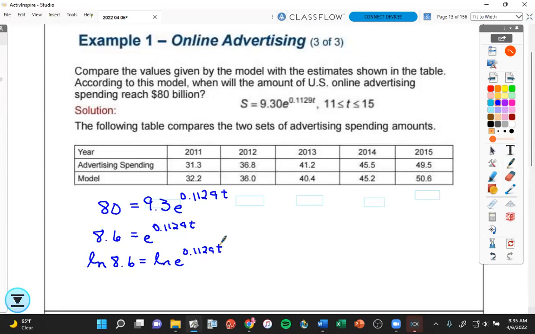Cancels out, and it's going to bring that out of the exponent, right? So I now have natural log of 8.6 is equal to 0.1129 t. Next step. Okay, so t is equal to natural log of 8.6 divided by 0.1129. And t is about 19.